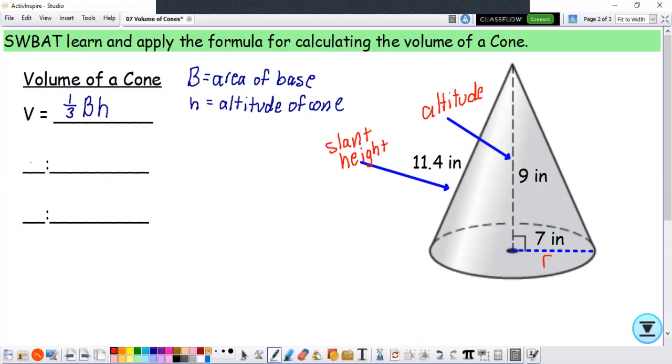So let's find the area of our base. Again, the area of our base is a circle. That formula is pi r squared.